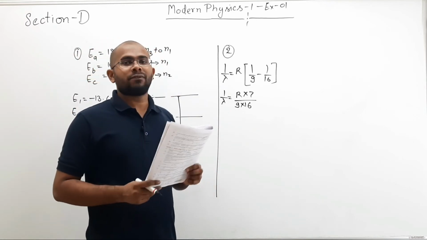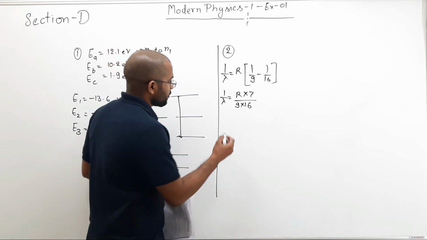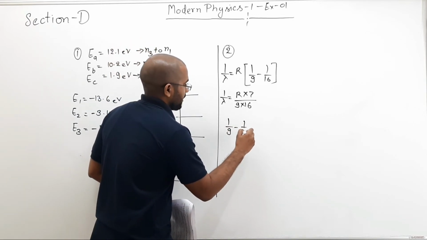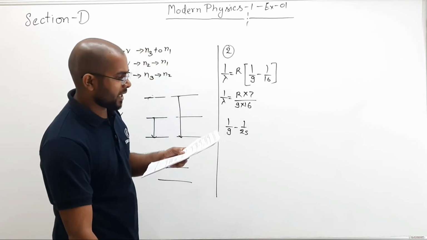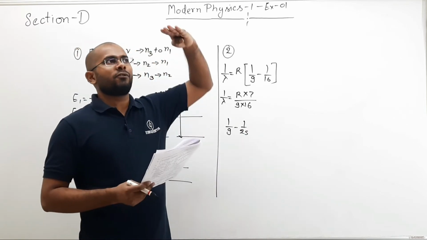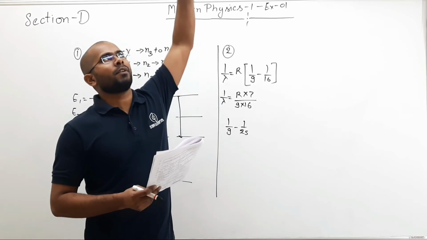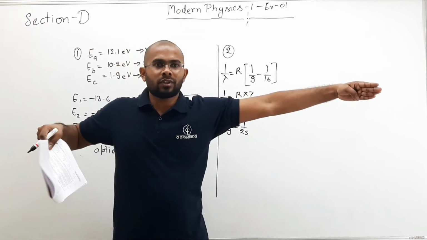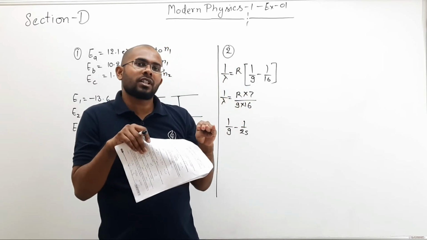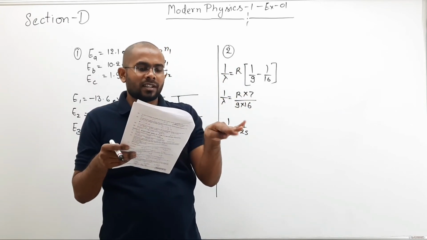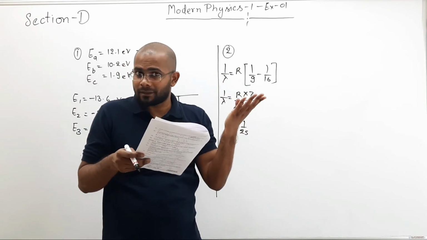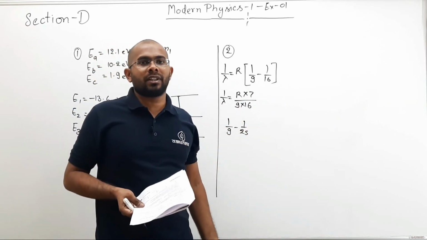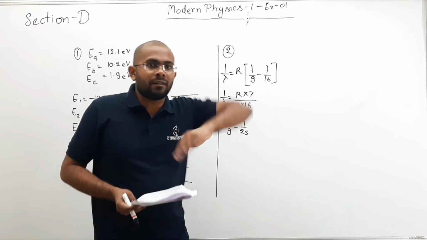So if I jump from 5 to 3, so 1 by 9 minus 1 by 25. Now obviously, if you pay attention, if you jump from 4 to 3 and if you jump from 5 to 3, then which will have higher energy? 5 to 3 will have higher energy, 4 to 3 will have lower energy. So if 4 to 3 is in the visible region, hypothetical atom, then how can 5 to 3 be infrared? 5 to 3 will have even higher energy.